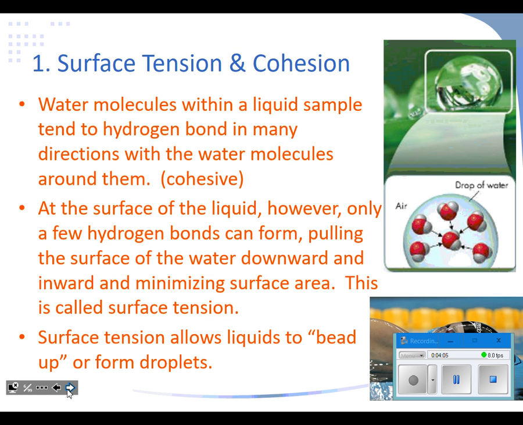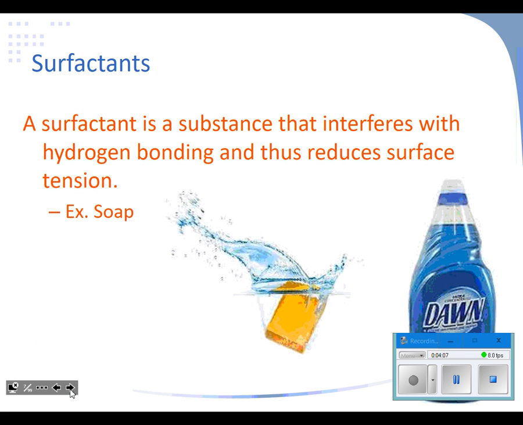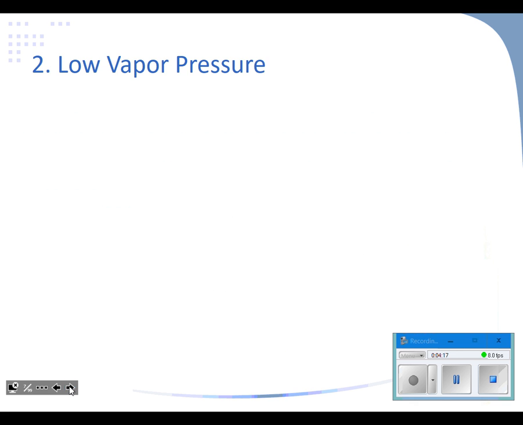Now, surfactants are substances that interfere with hydrogen bonding, and so they reduce surface tension. Soap would be a surfactant. It creates it to where there's not as much surface tension. Now, low vapor pressure also is a unique property of water, and water has an unusually low vapor pressure.